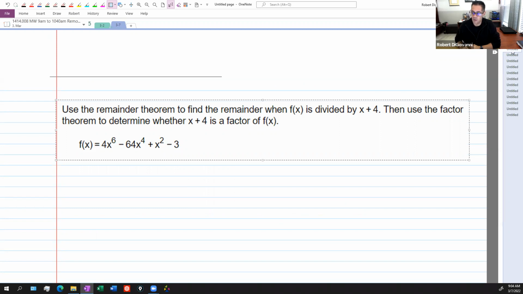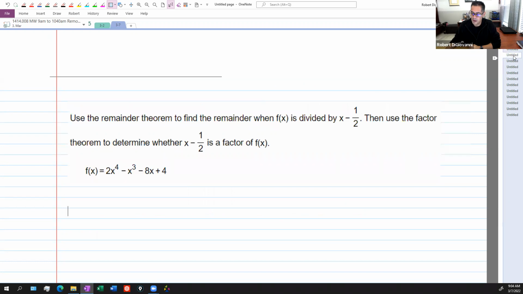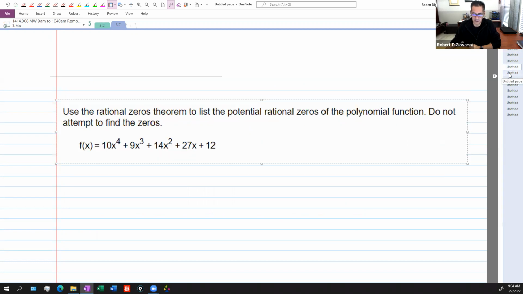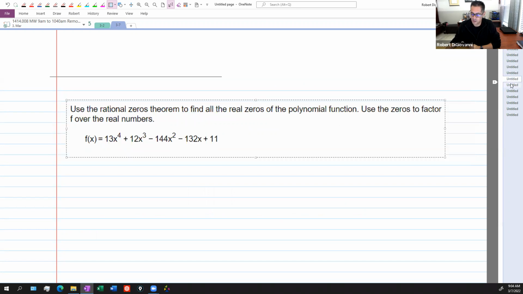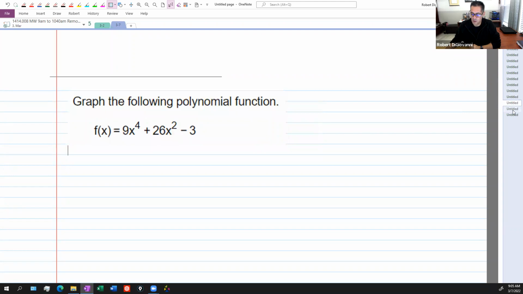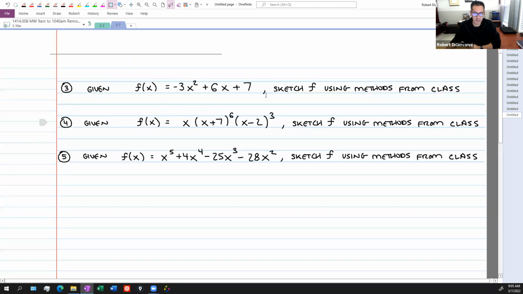Your problems will probably look different than these, but at least it'll give you an idea of what to do. And then when I get to the end of this, I pulled 3 problems off of last semester's exam, the 3 problems that had to do with polynomial functions. So we'll go through those, so you get an idea of what I ask on a test.